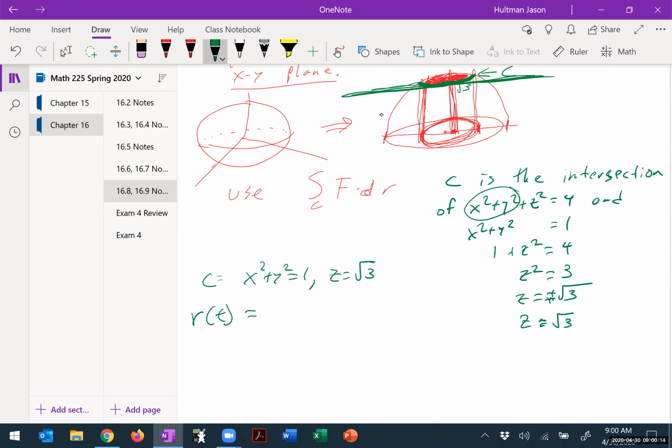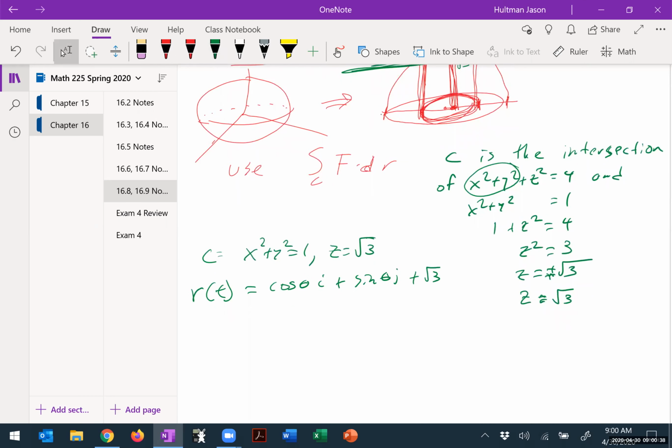Well, isn't this just the unit circle? So couldn't I just say this is cosine theta i plus sine theta j plus, and then what's k going to be here? Isn't k just going to be radical 3?